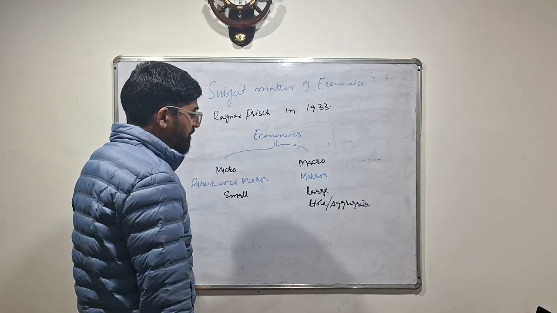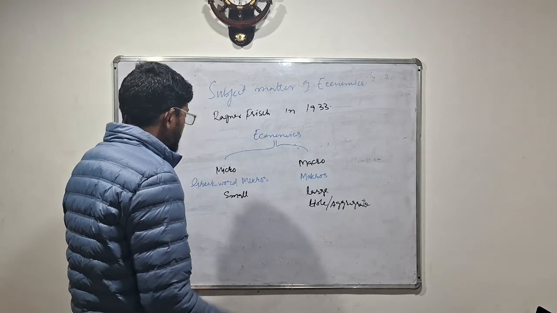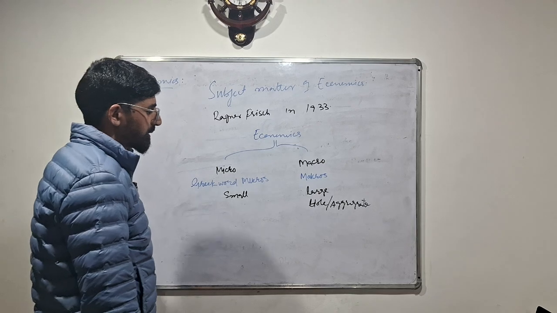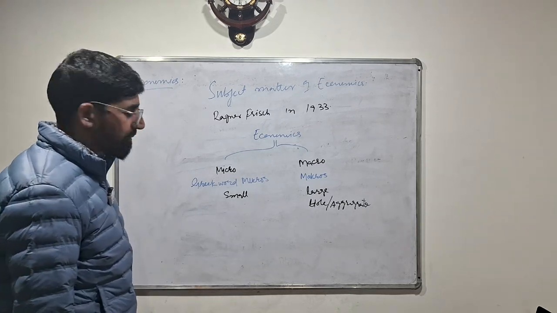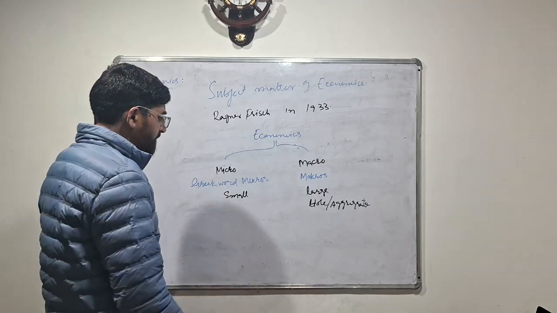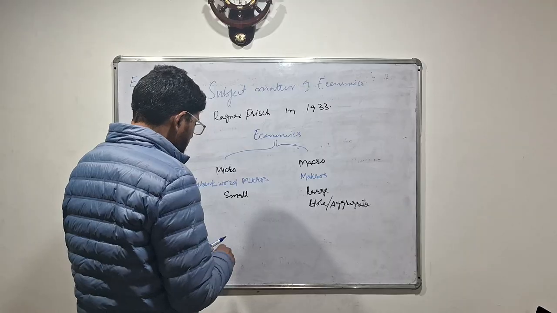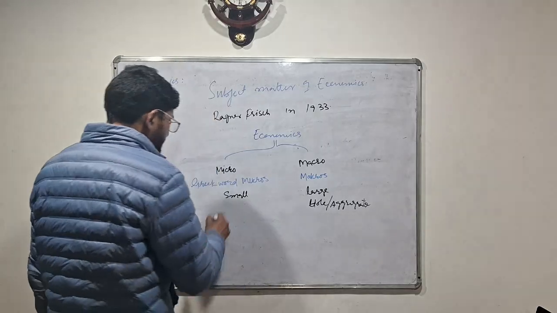What are the distinctive features between micro and macro, which separates them from each other? I will try to write them down so that it becomes easy to understand.